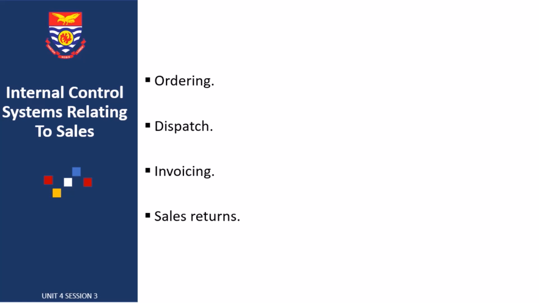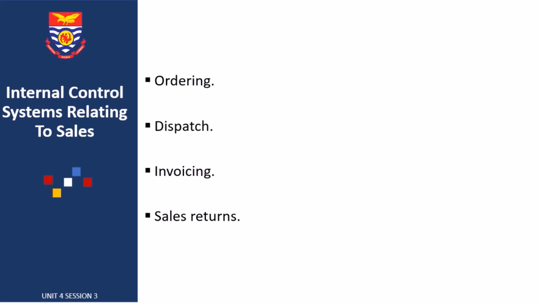All orders should be recorded on a pre-numbered sales order document. Then all orders should also be authorized before any goods are dispatched. So if there has not been any authorization, the goods cannot be dispatched.